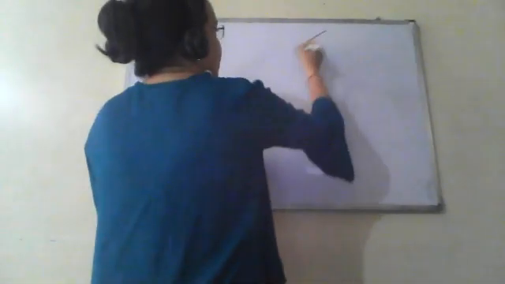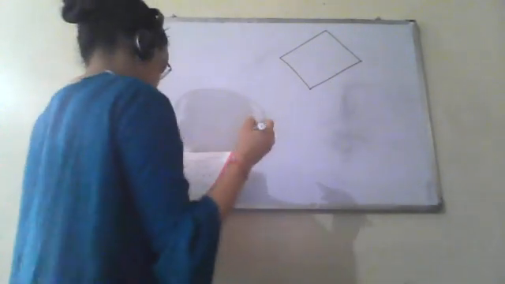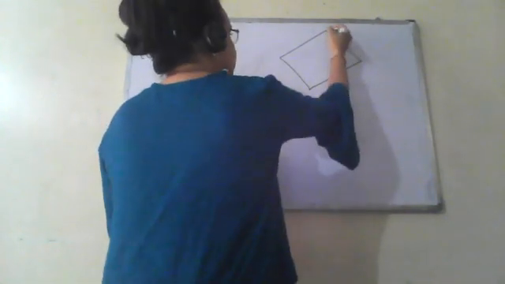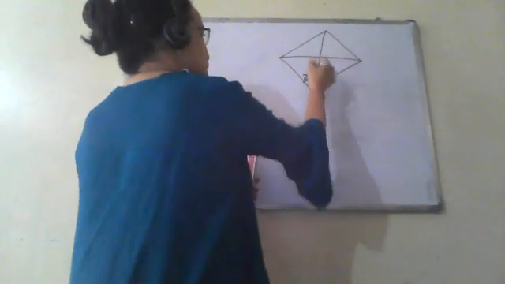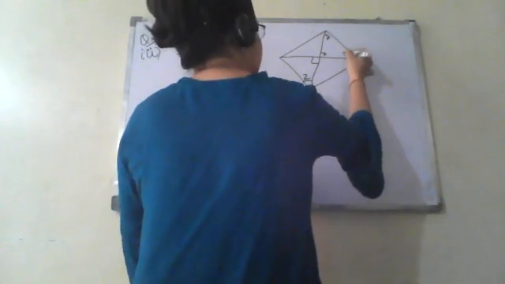Now the third part of the same. This is z, this is x, this is y, and this is 30.